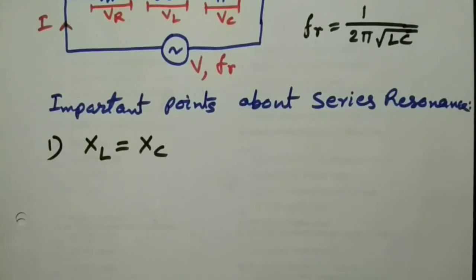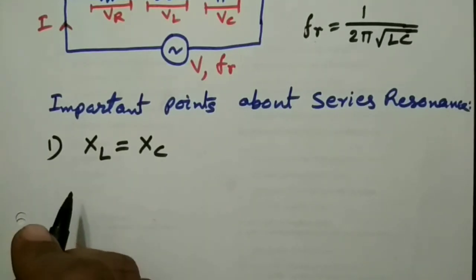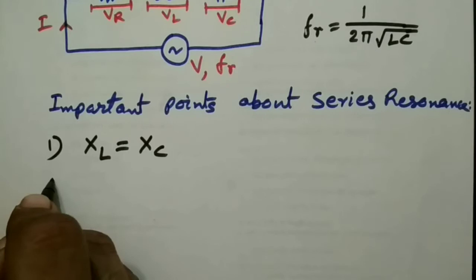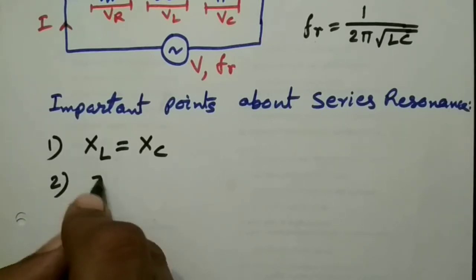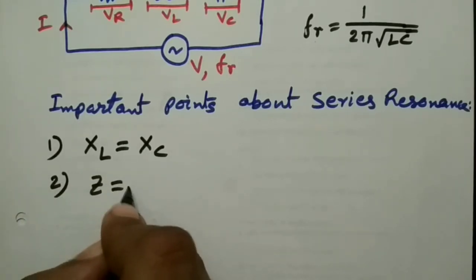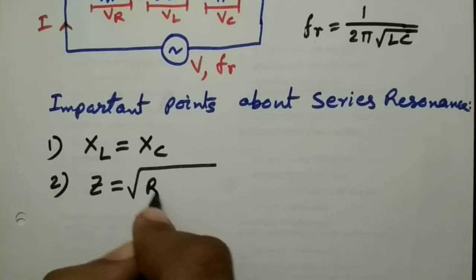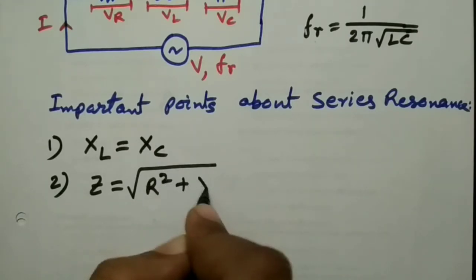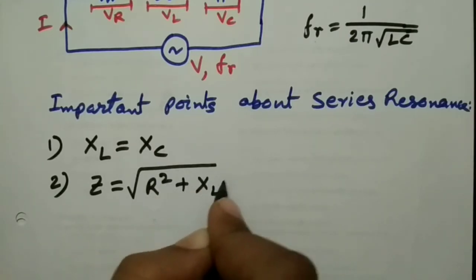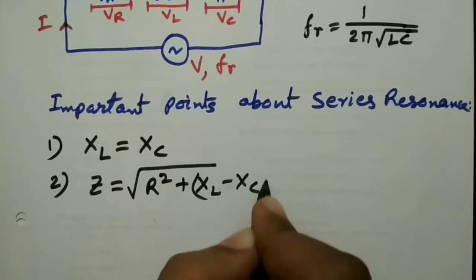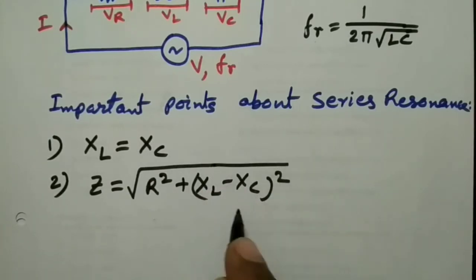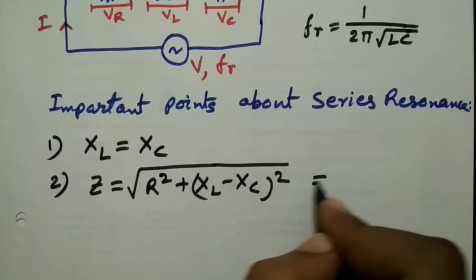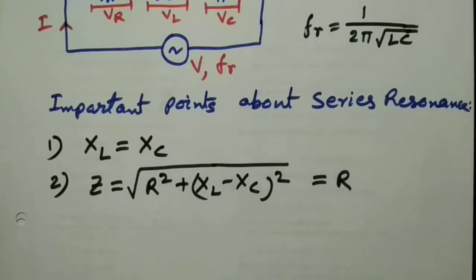That is the condition for resonance for a series circuit. As XL is equal to XC, then Z of a series RLC circuit, we know that Z is equal to square root of R square plus XL minus XC whole square. So at resonance condition, Z should be equal to R, because XL is equal to XC.